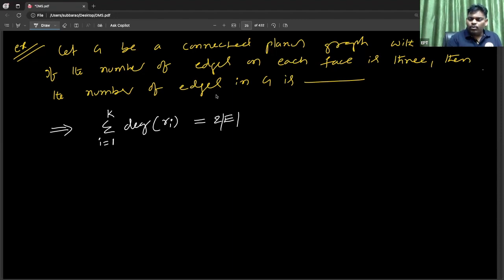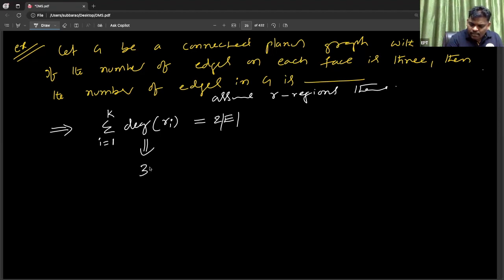And one more thing I am writing here. Assume R regions are there. So R1, R2, R3 and so on, R times. Can I say like this? Every region has degree 3.